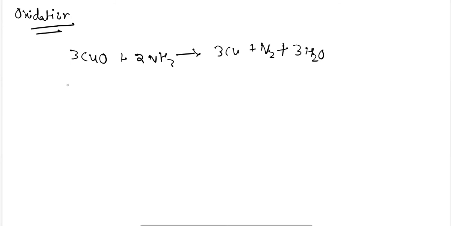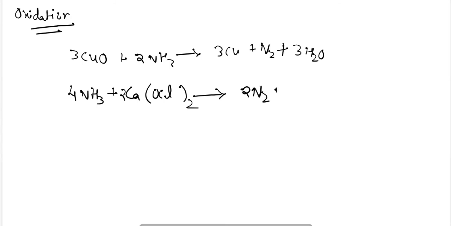Similarly, if we react ammonia with bleaching powder, that is calcium oxychloride, then we will see that 2 molecules of dinitrogen and CaCl2 plus 6H2O will be formed.